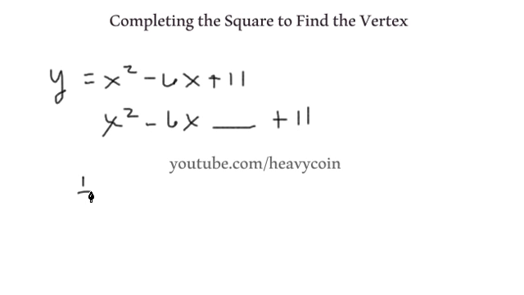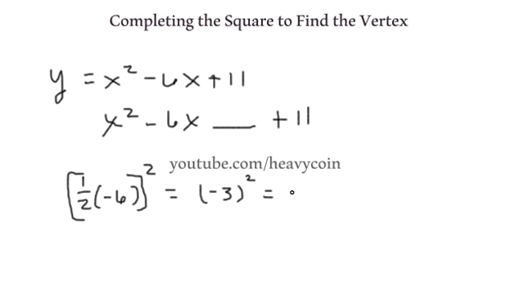You're going to take a half every time, multiply it by whatever this number is, happens to be -6. Square that number. So a half of -6 is -3, and of course we square it and we get a 9.